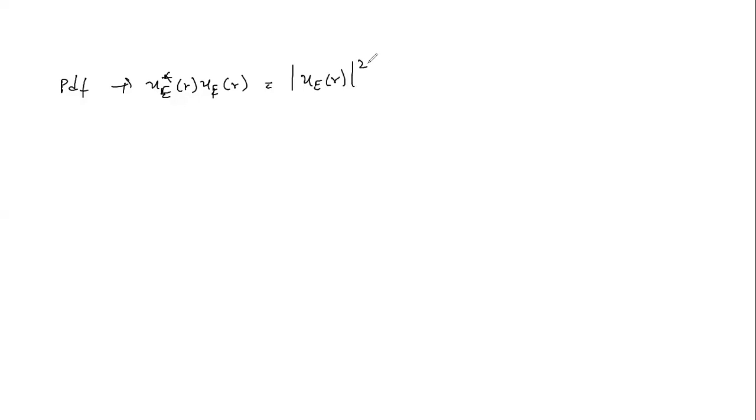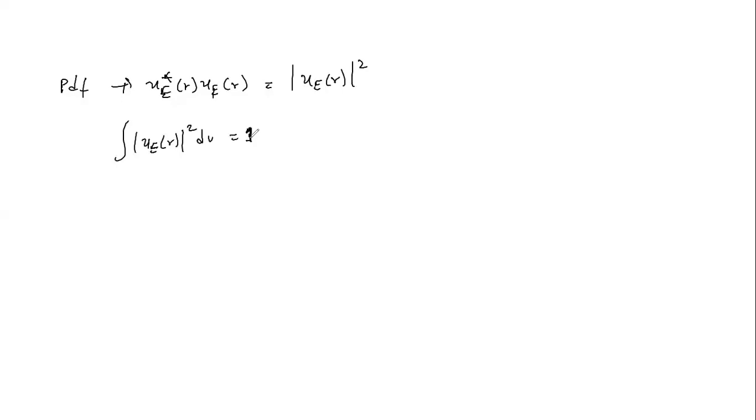We've already done that before. The total probability of finding a particle within that volume is the integral of the mod u_E(r) squared dV, which is equal to 1. It means we'll find a particle within that spatial range.